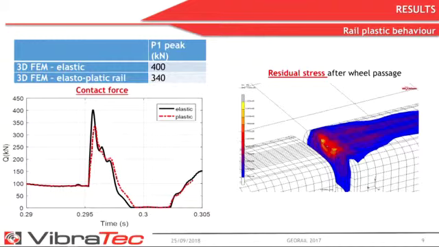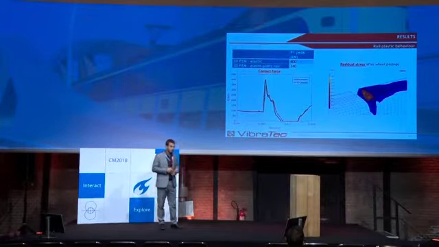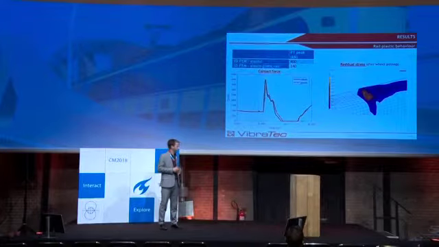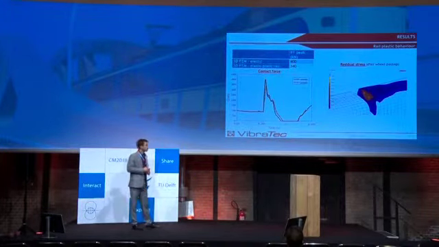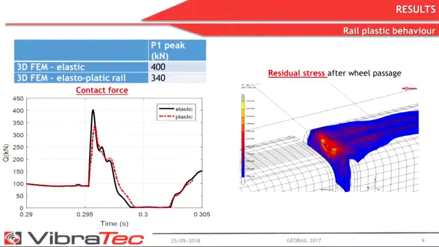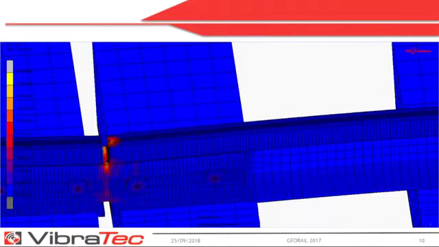Well, you can see here the residual stress after wheel passage. We have done much more analysis than what I'm presenting here in the study, and I have included that into the paper. So if you want, you can read it in more detail. Okay. Well, just an animation. I think you can see here the contact patch.